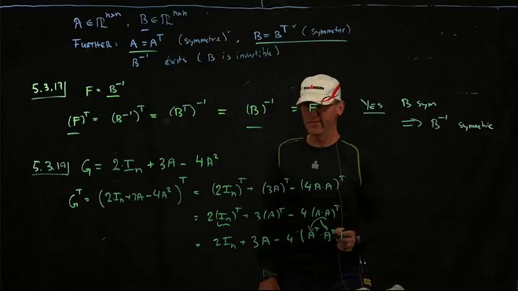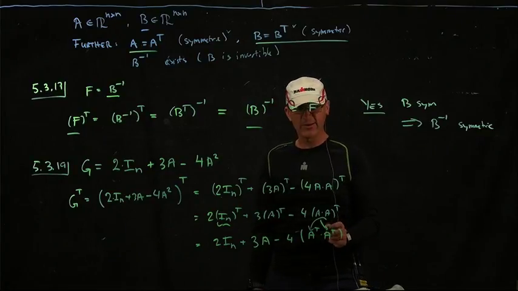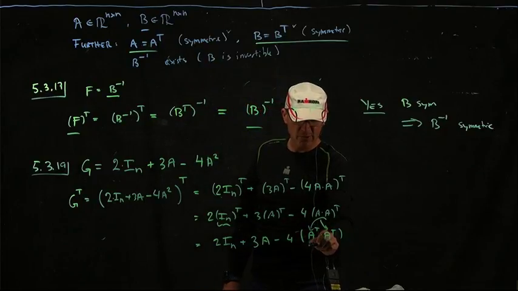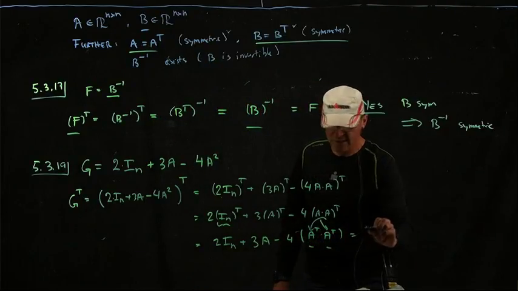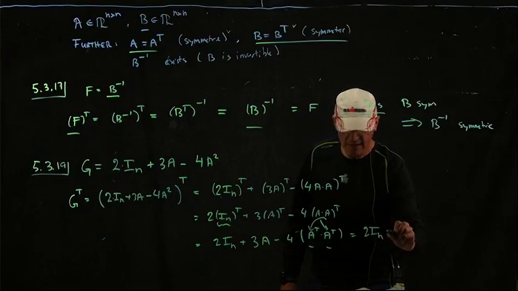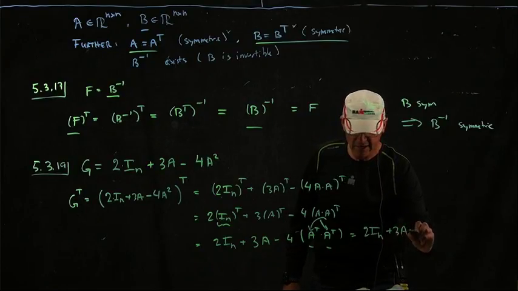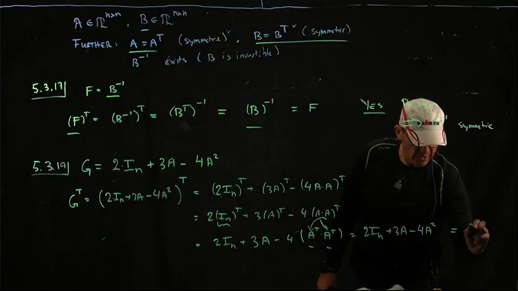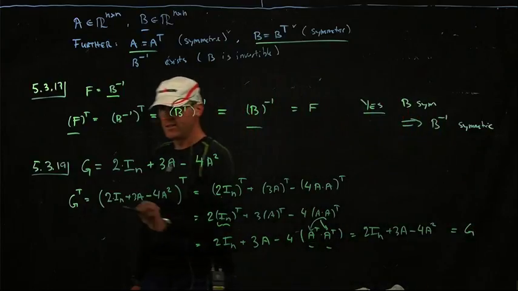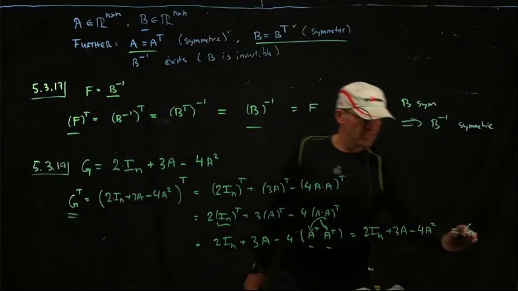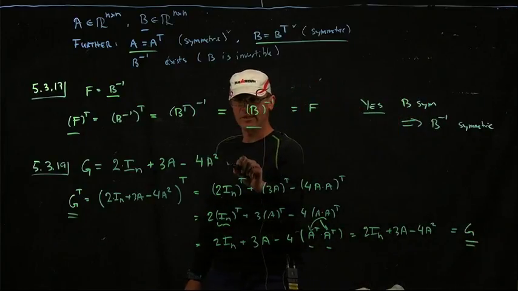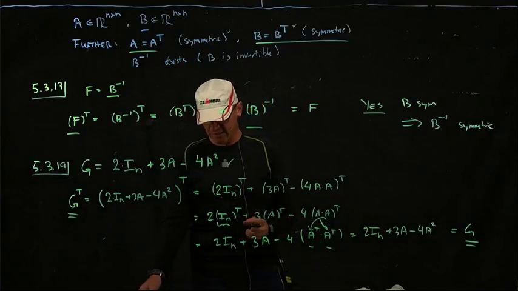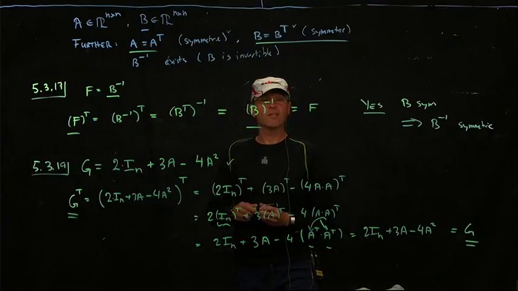It changed the order. Well, they look the same, so who can tell? But again, we use the fact that A equals A transpose. So both of these are A's, and we end up with 2 times identity plus 3A minus 4A squared, which is the original G that we had. So we have shown that G transpose equals G. So the short answer is yes, that combination of matrices is also symmetric.